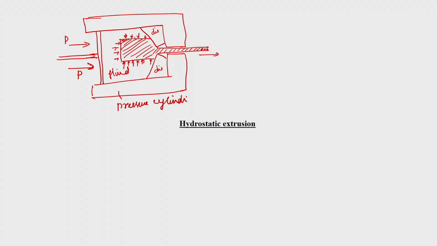See, when the pressure is applied, it is transmitted in all directions. So, not only lengthwise, but also in the radial direction the metal gets deformed. You will find that both the length and the radial dimensions get reduced, and the metal will just flow out through this die opening.